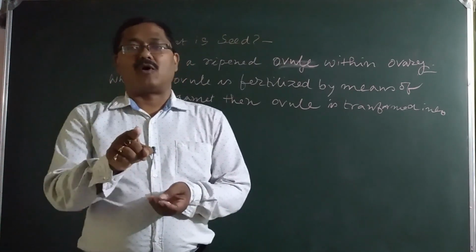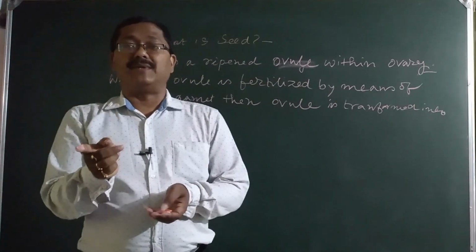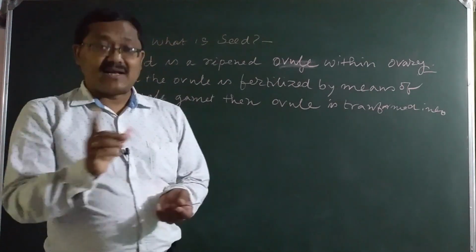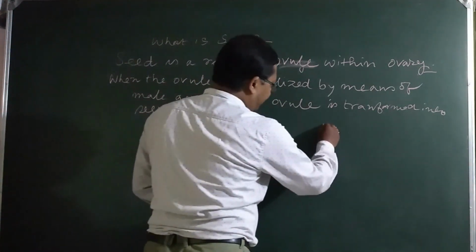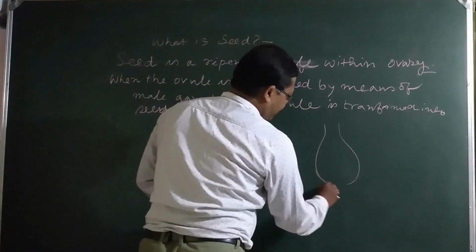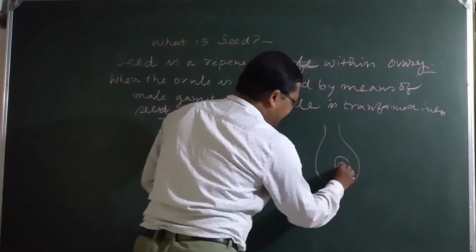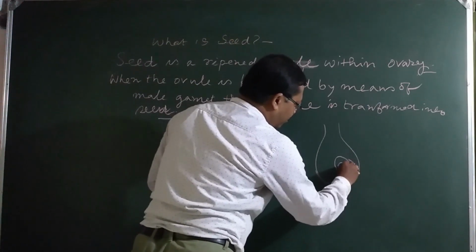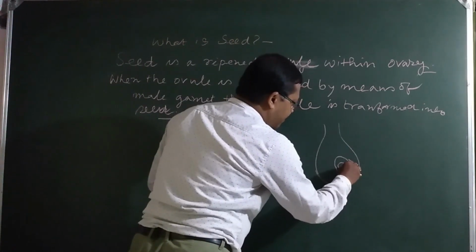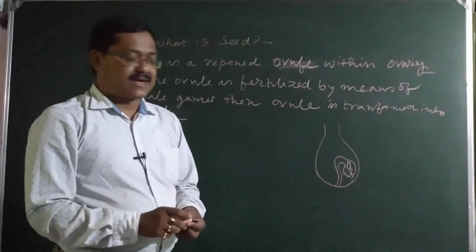The seed is formed by the process of fertilization, by the fusion of the male gamete and the female gamete. This is the ovary. Within the ovary, ovules are present. Within the ovule, the embryo sac or female gametophyte is present.